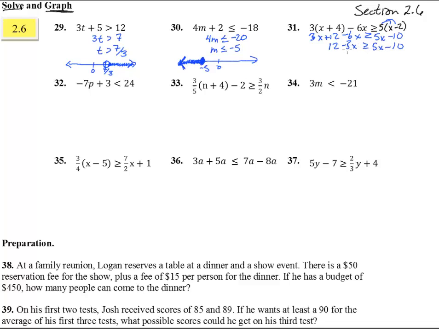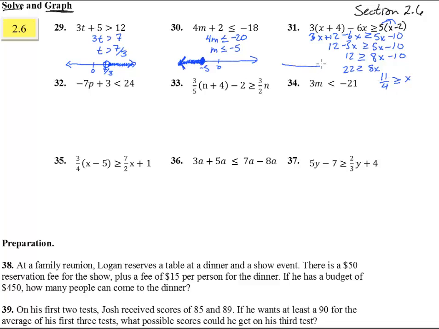I'm going to add 3x to both sides, and we get 12 is bigger than or equal to 8x minus 10. Add 10 over here, and we get 22 is bigger than or equal to 8x. Divide both sides by 8, and we get 11 fourths. 22 eighths is the same as 11 fourths, is greater than or equal to x.